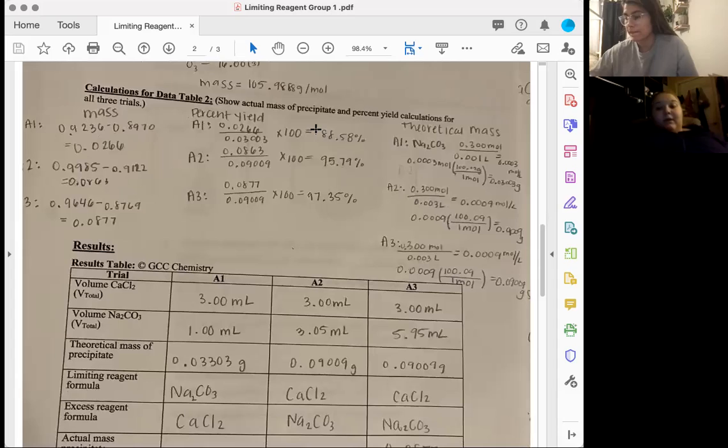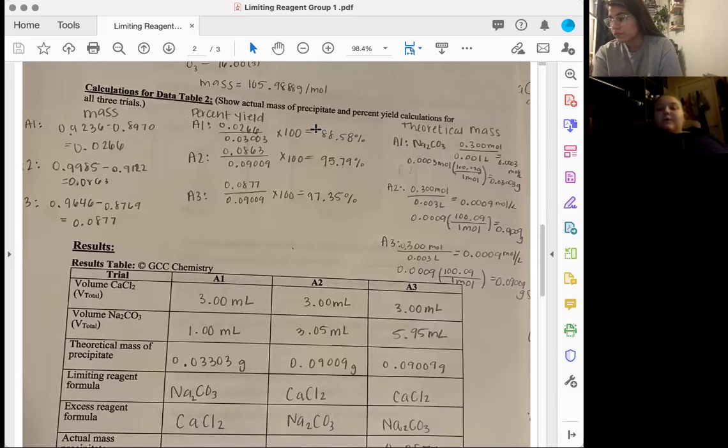We had milliliters at first, so of course we had to do our stoichiometry from milliliters to liters. And then we took the moles and multiplied by the molar mass of the limiting reagent and got the actual mass of the precipitate.